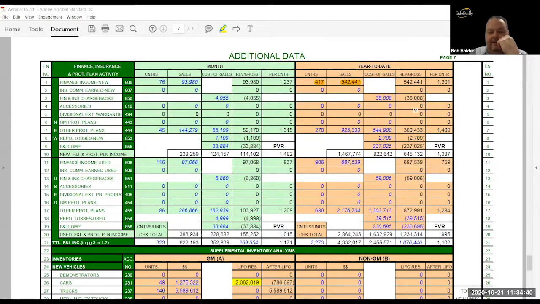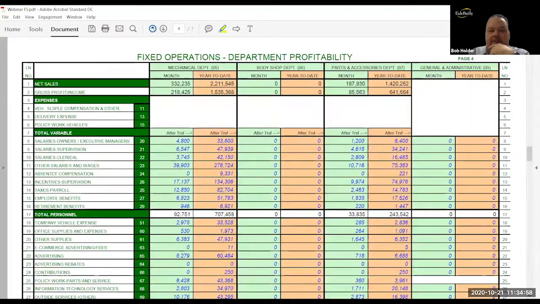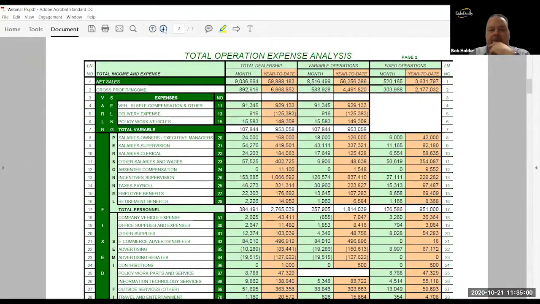Chargebacks, just 4,000 a month isn't that bad for new, so nothing here really jumped out at me, but that's how I would analyze F&I. So okay, I'm going to move on to fixed gross.